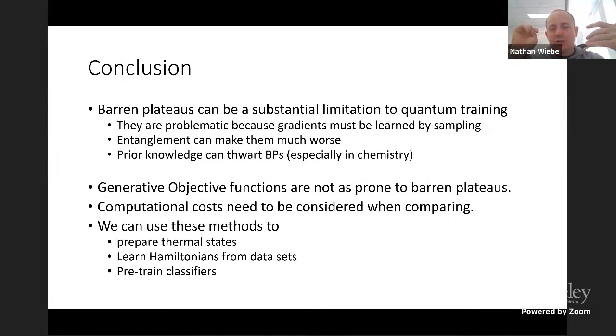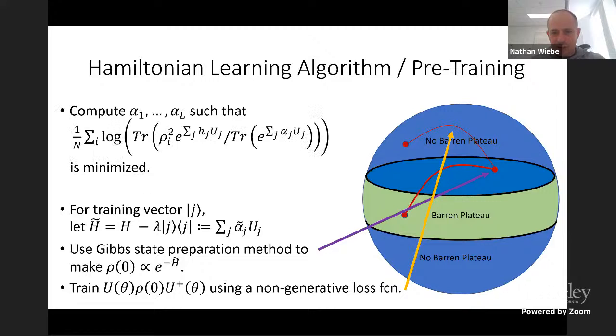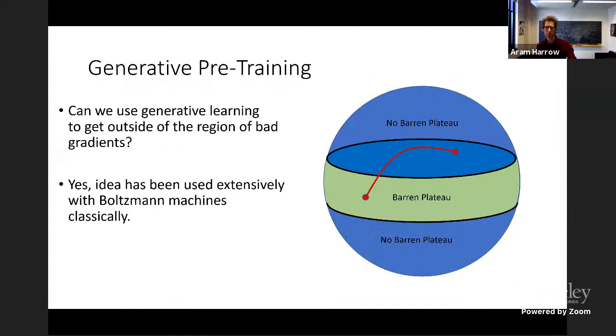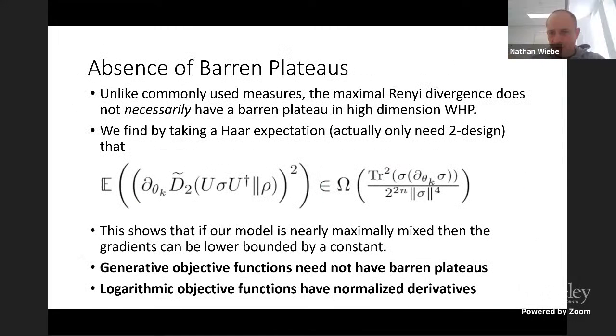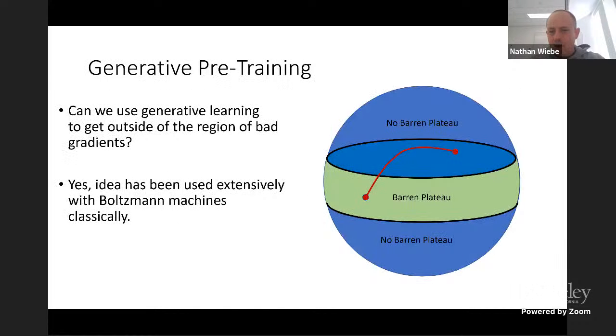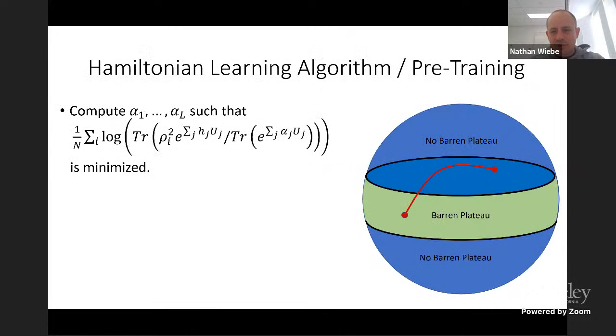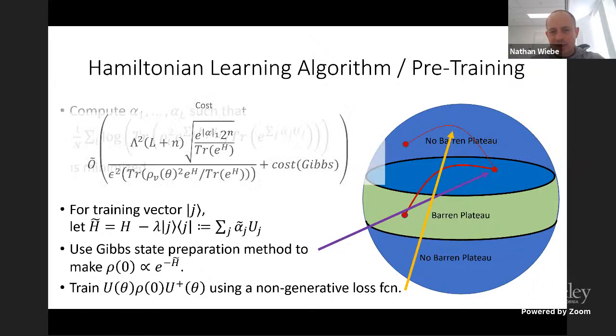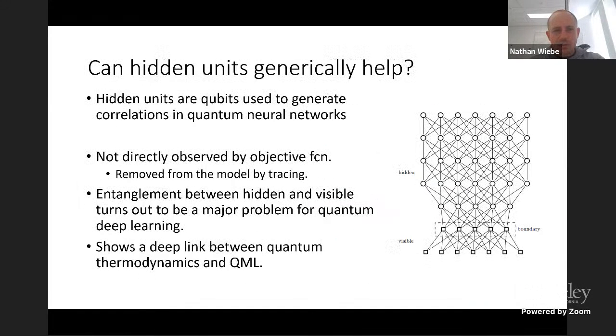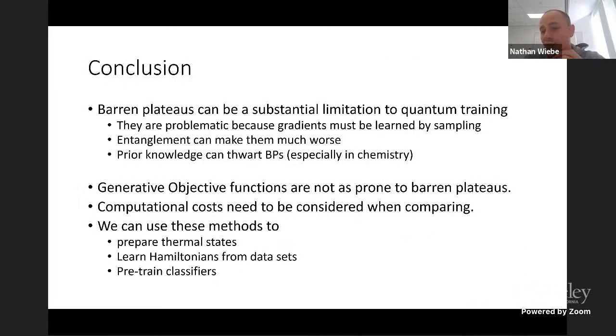Despite the fact that Barren Plateaus aren't generically appearing, such as in this analysis that I alluded to here, we need to consider very carefully that the result we take a look at is a ratio of two numbers.